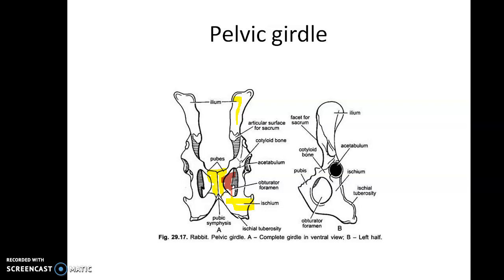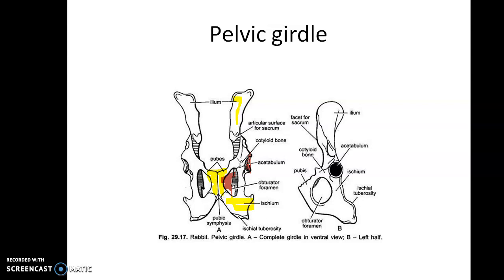At the junction of the three bones is a deep socket called the acetabulum. So this is the acetabulum, the junction of the three bones. The head of the femur will fit into this to form the hip joint.